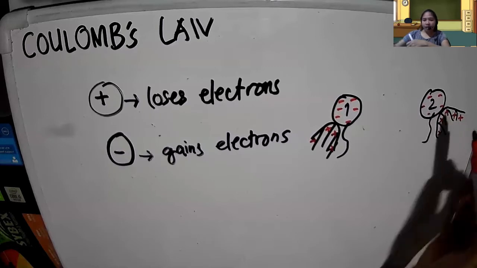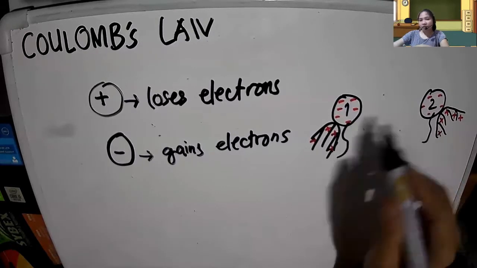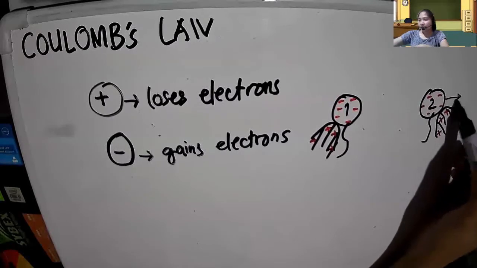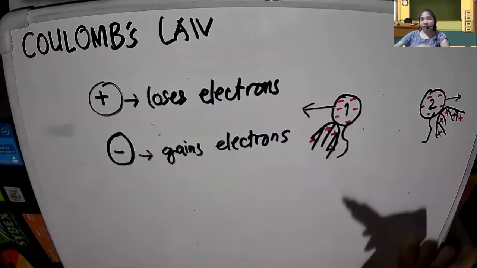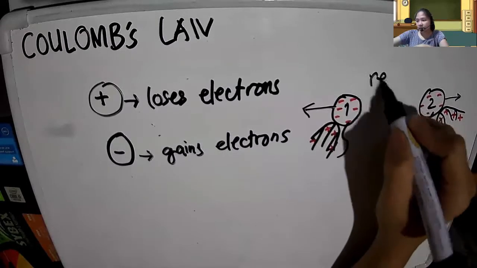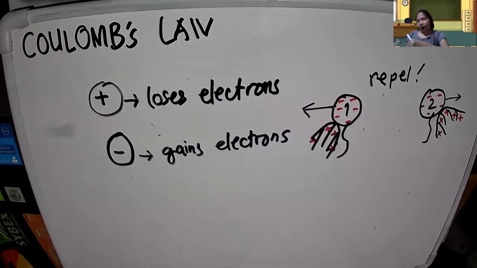So that's why it becomes negatively charged. So when you place them near each other, the first and the second balloon, they repel. They move away from each other. So we can observe a repulsion because they are of the same charge. So like charges repel.